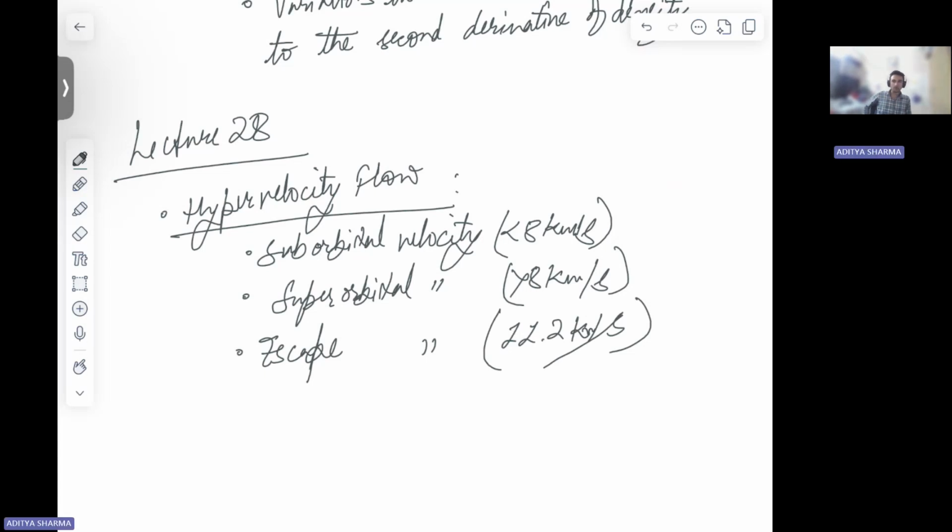So beyond your hypersonic flows, this is hypervelocity flows. So this is one category in your flow regimes, right? So your subsonic, transonic, supersonic, hypersonic, and then hypervelocity.